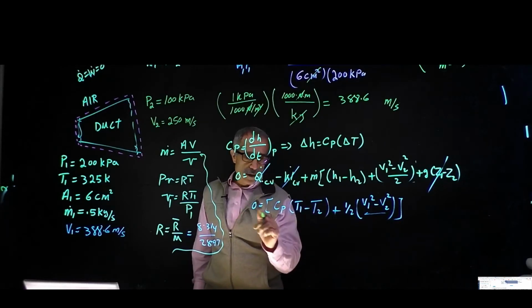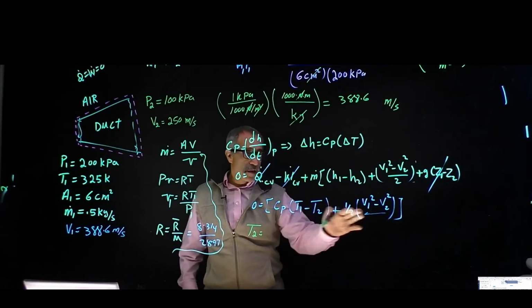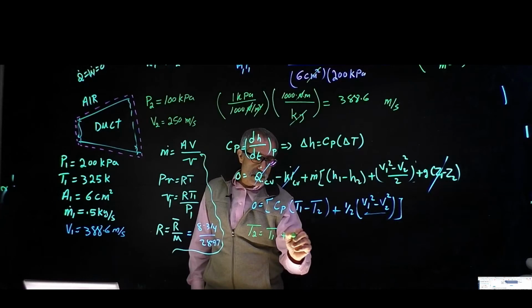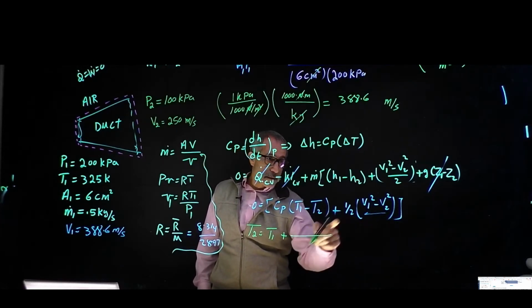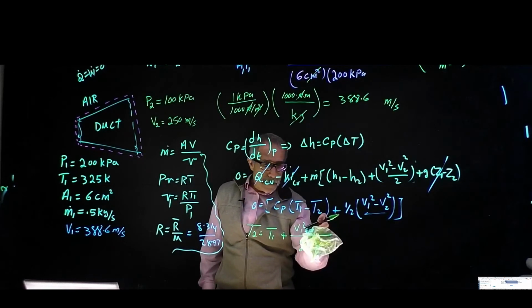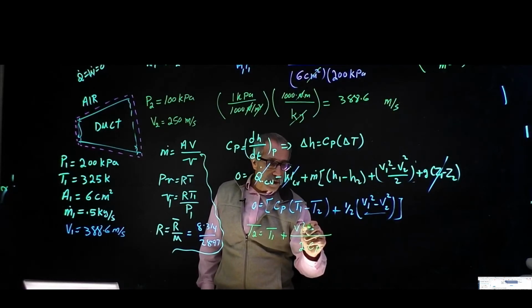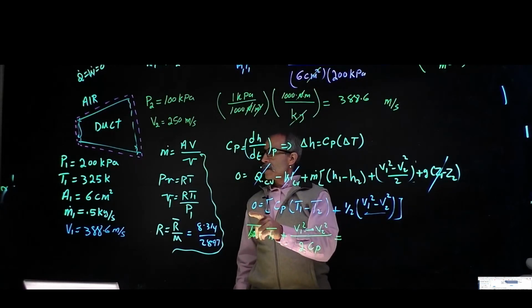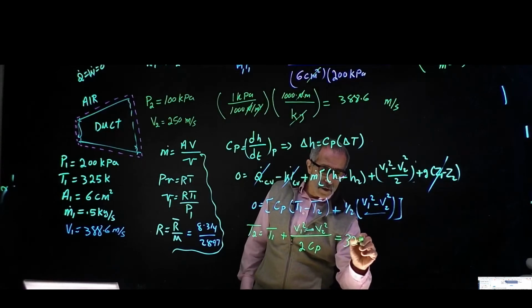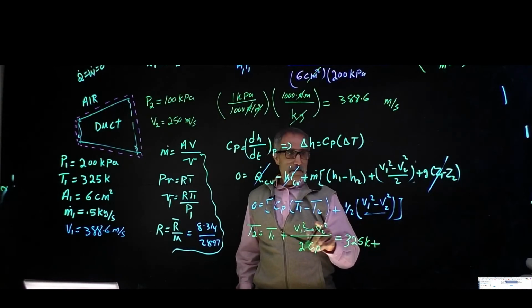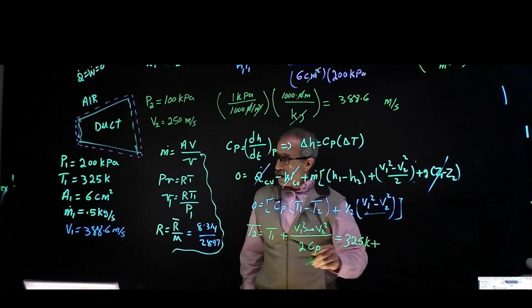So I'm just going to make this positive. T2 is equal to, divide both sides by Cp, so I can write down T1 plus, plus because there's a Cp here. Just bring that 2 down: 2 Cp, V1 squared minus V2 squared. Plug in numbers. T1 was 325 Kelvin. 325 Kelvin plus V1 was, we just figured out, 388.6.